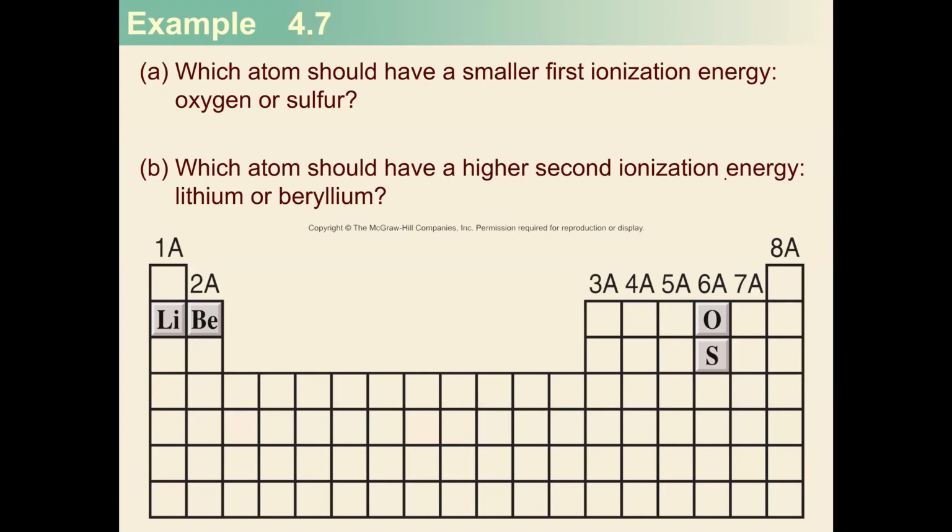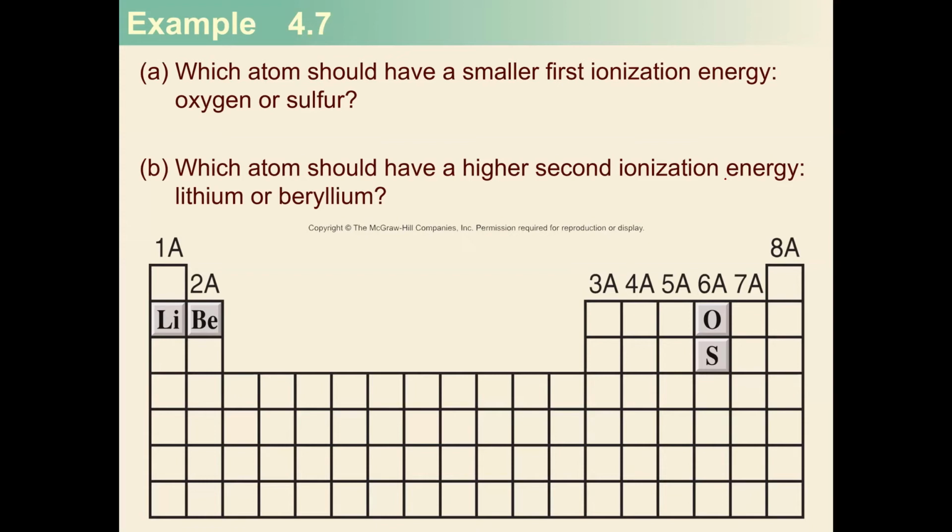Which atom should have a smaller first ionization energy, oxygen or sulfur? So as you can see, they are both in the 6A group. Who would you expect to have a smaller first ionization energy? Well, what does that mean? A smaller first ionization energy means that it's easier to remove. Why is this the case?